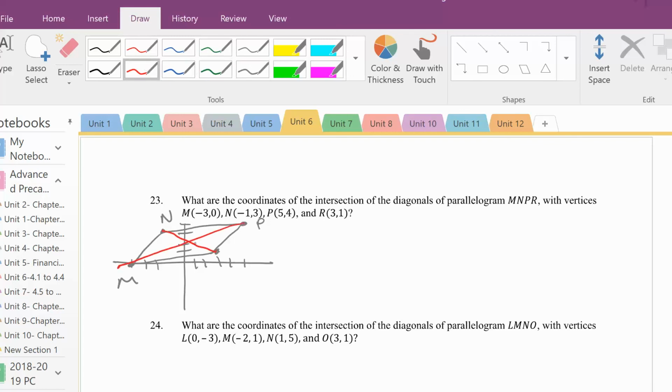So you're trying to find the midpoint of either NR or MP. It doesn't matter; you could do either one. So let's say you wanted to find the midpoint of MP.